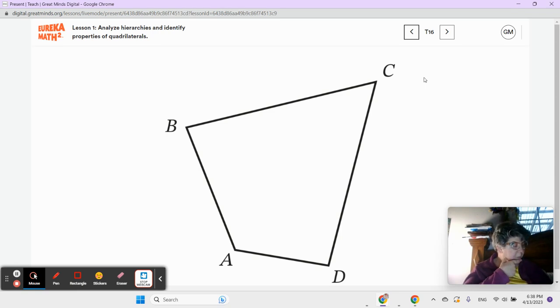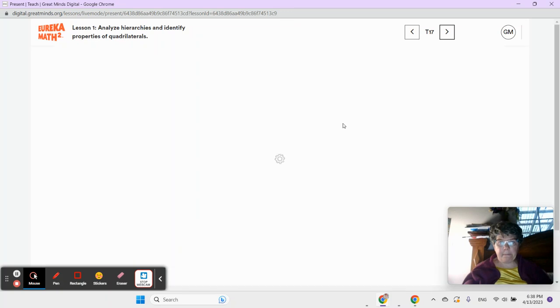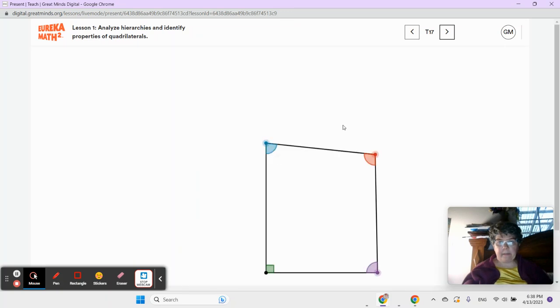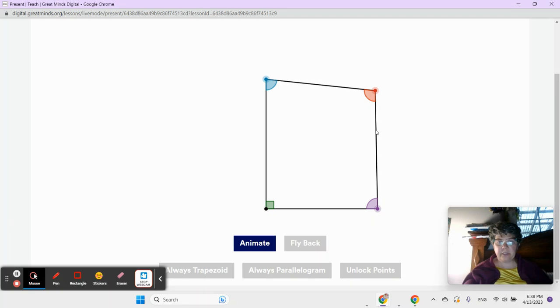Let's look at some more properties of quadrilaterals. Check this out. Here's a quadrilateral. What do you notice about the angles of this quadrilateral? Let's change it a little bit.